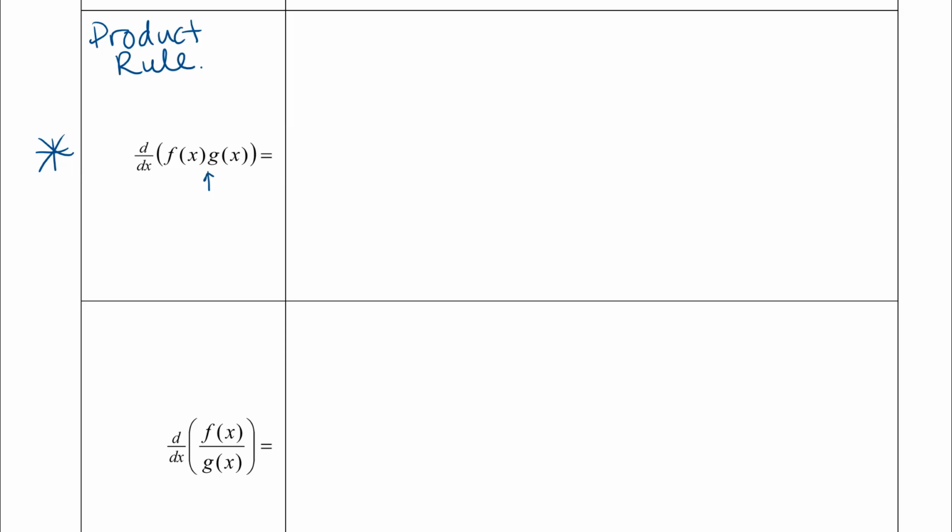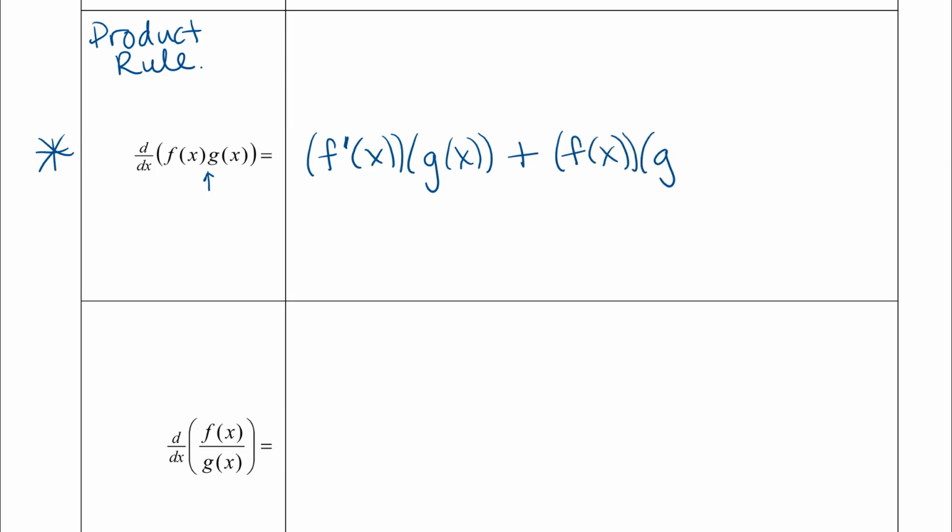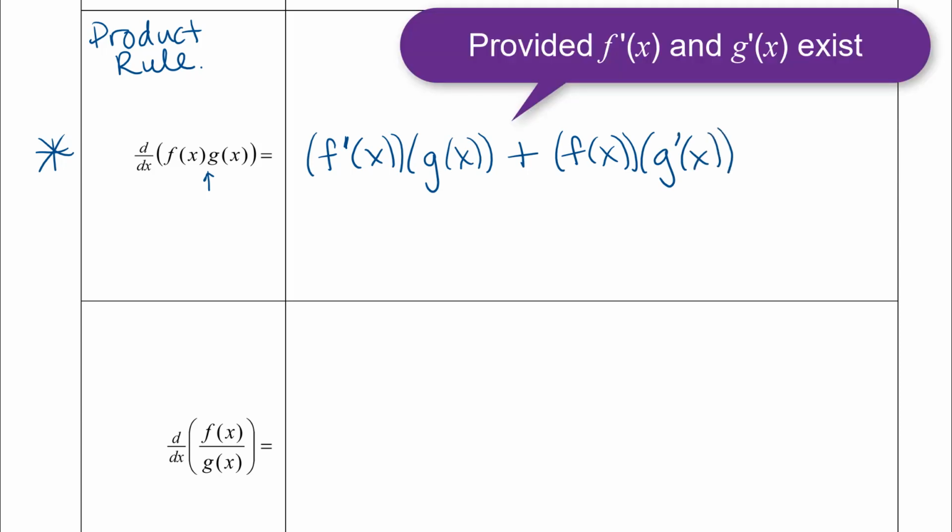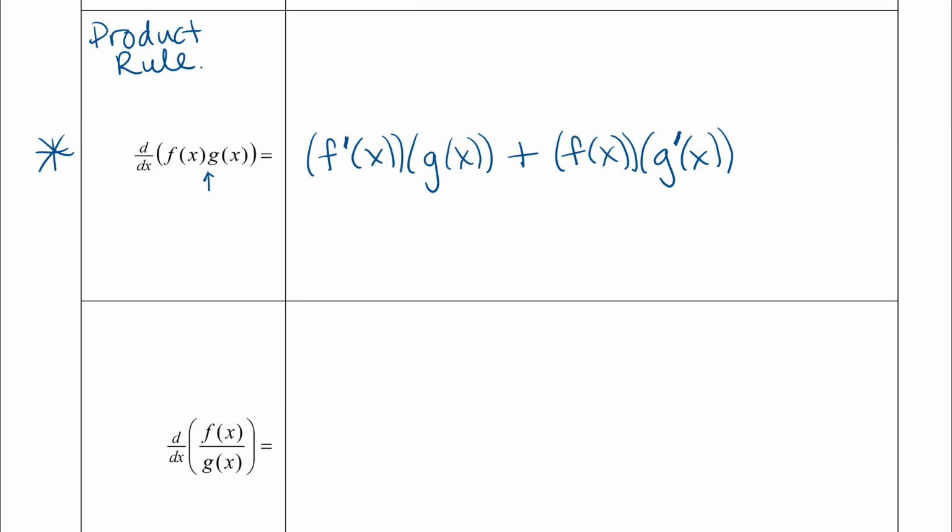So if I have the derivative of a product of two functions, then that is equal to f prime of x times g of x, not prime, just g of x, plus f of x times g prime of x. All right, so I tend to think about this rule in terms of words, and that probably has to do with however I learned it.